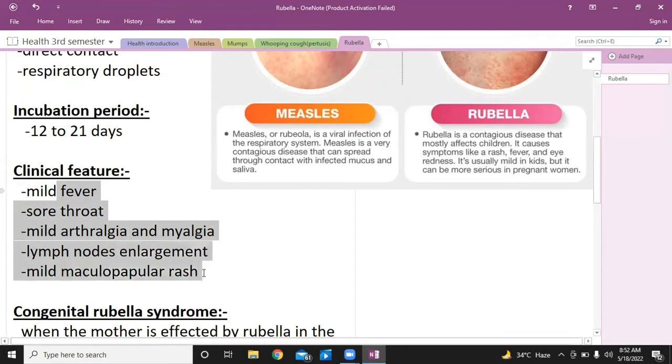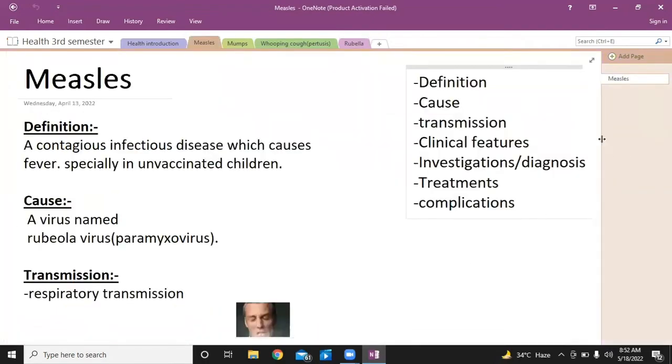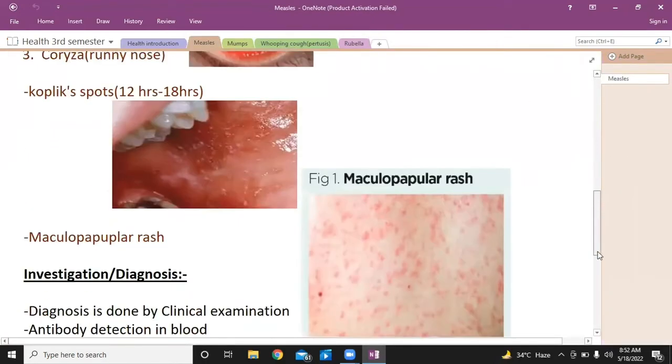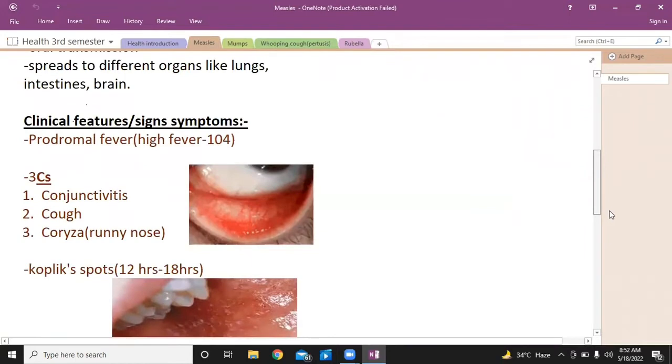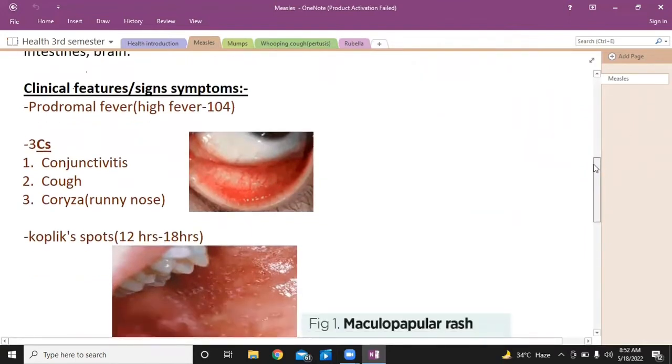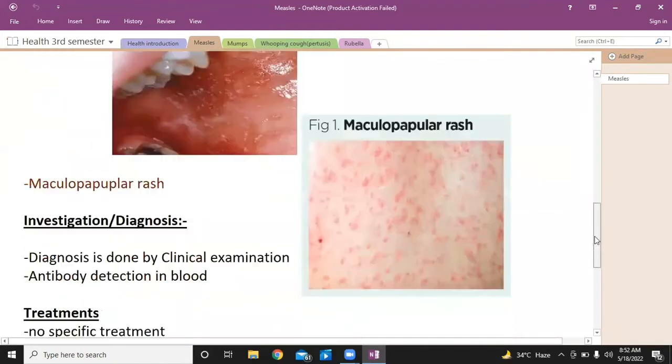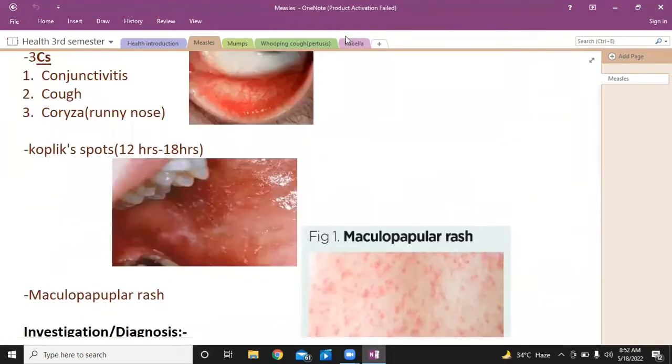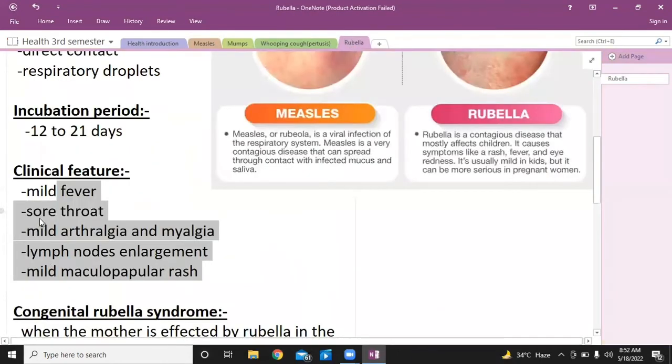But remember, all of these clinical features were also present in measles. If you remember, in measles there was fever, spots, rashes and signs like that. So it is a very similar condition, but it is not as severe as measles.